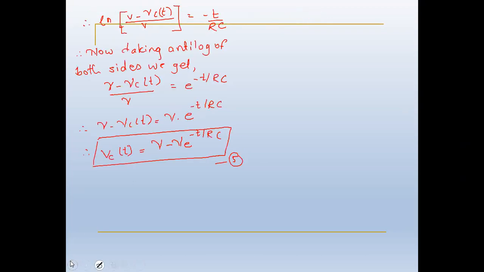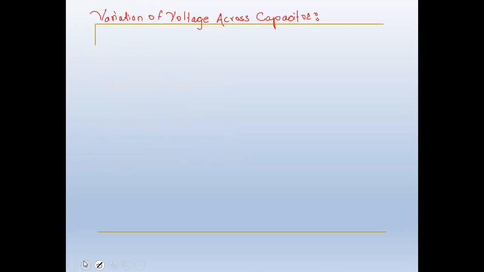Variation of voltage across capacitor. Okay, so we have already defined equation number 5, and with respect to this one, we have to identify the variation of voltage. So what is the equation we have?